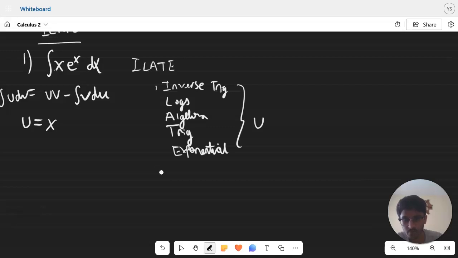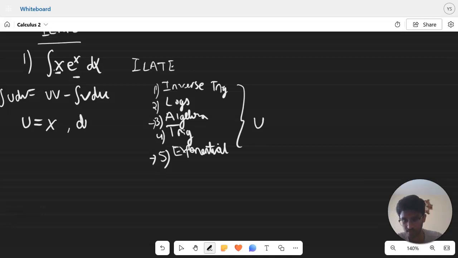When we're finding the u, inverse trig is going to be our first choice, logs our second choice, algebra our third, trig our fourth, and exponential our fifth. As you can see, algebra is third place, and that comes before exponential, which is fifth place. We see that x is algebra, and e to the x is an exponential, right? That is why we choose u equals x.